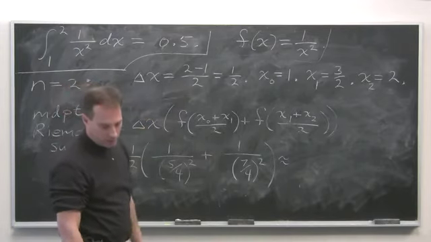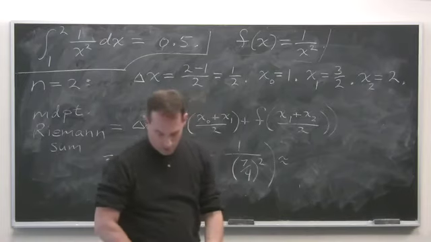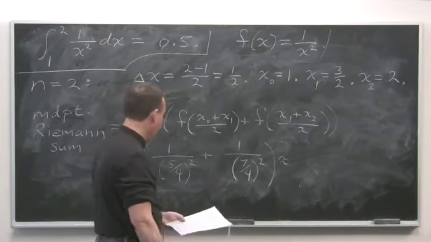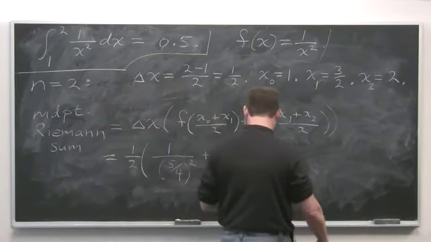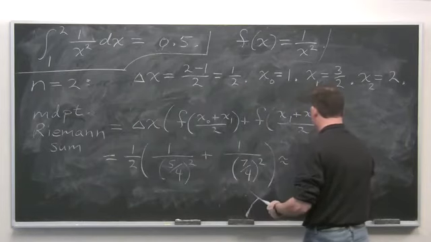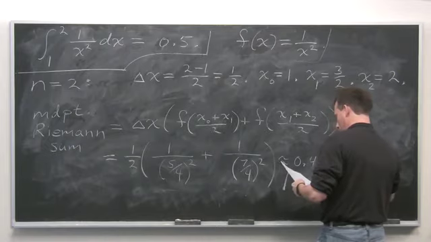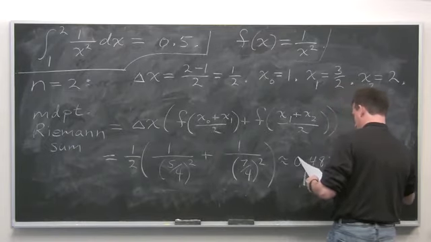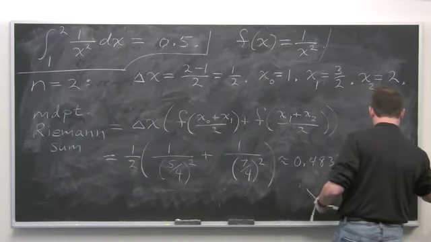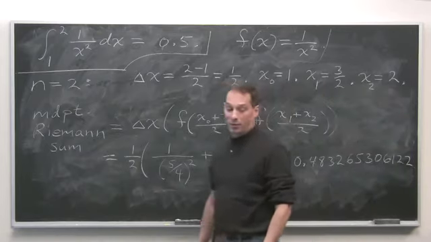So you get this, and what if you do this on a calculator to 12 decimal places, what you get is 4, 8, 3, 2, 6, 5, 3, 0, 6, 1, 2, 2. I should say another thing.